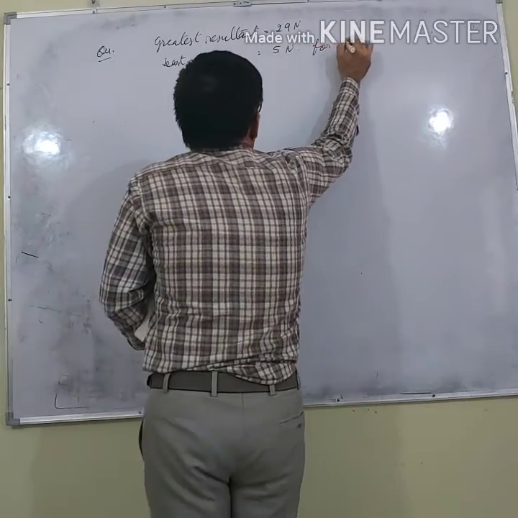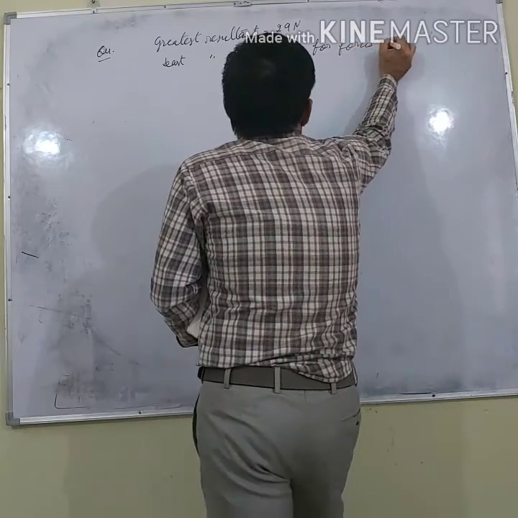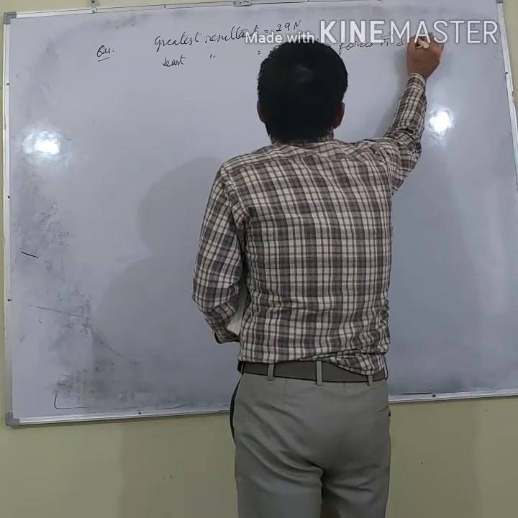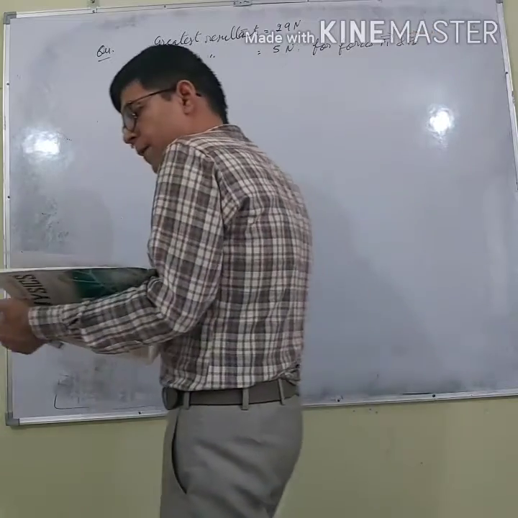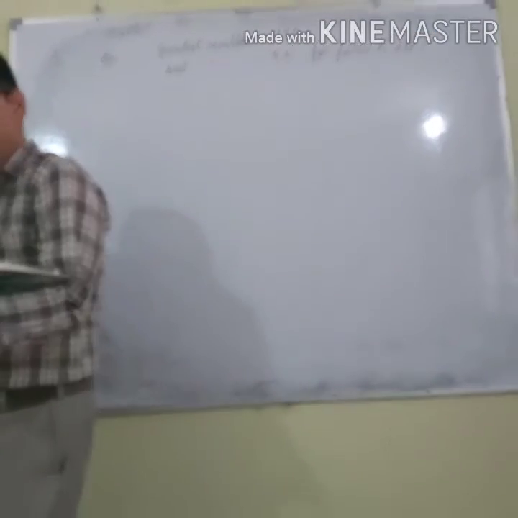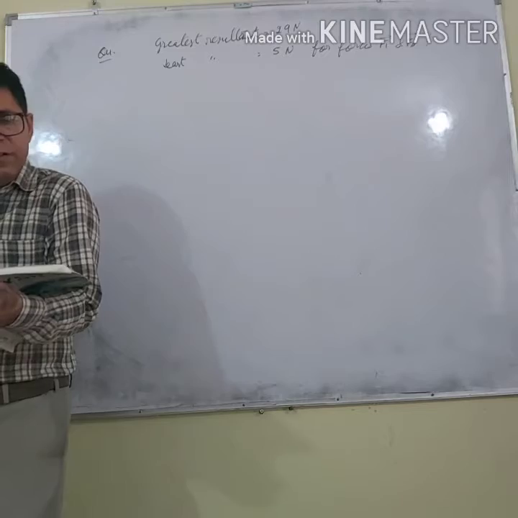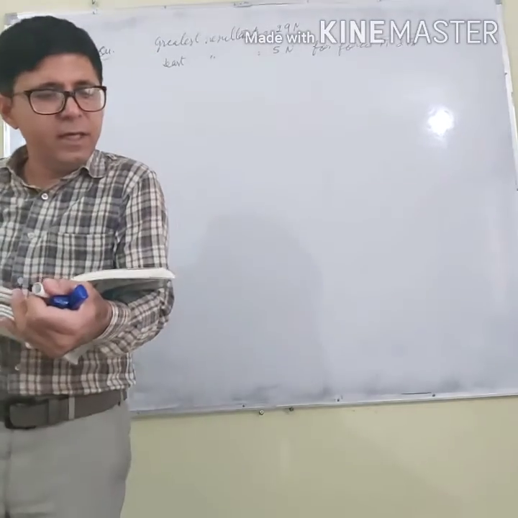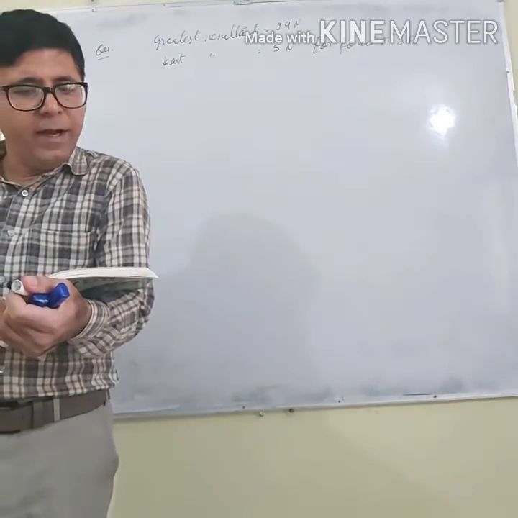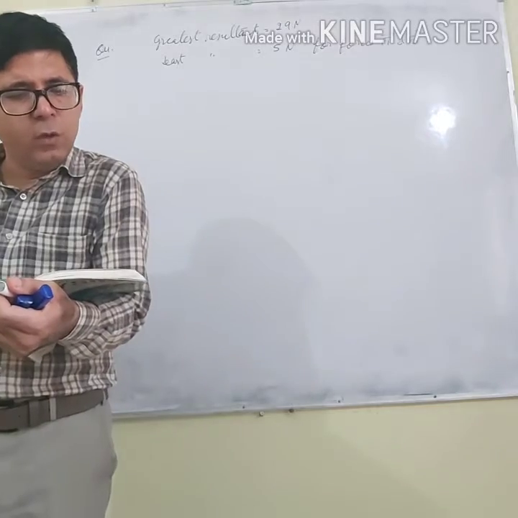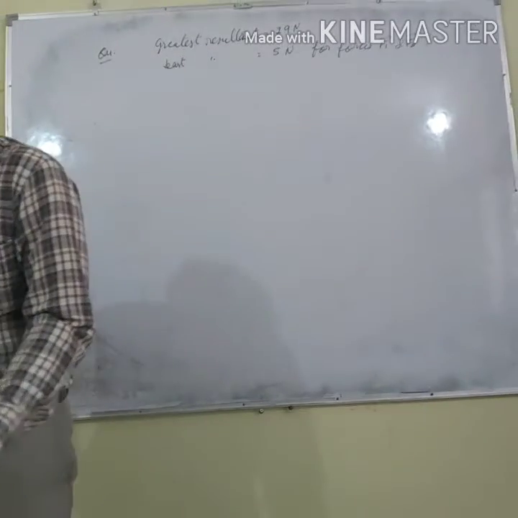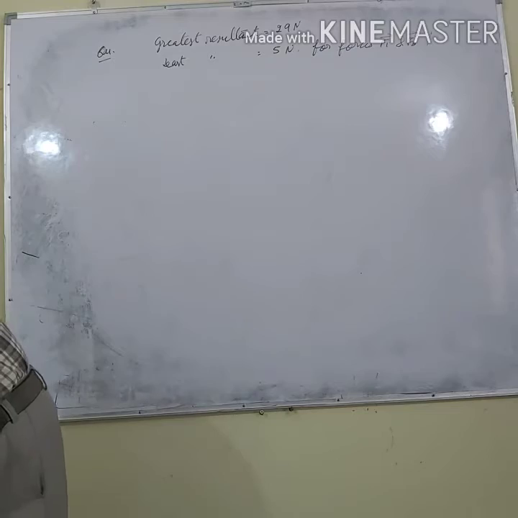For forces F1 and F2, right? What it says is that if each force is increased by 3 Newton, find the resultant of the two new forces acting at right angle to each other.